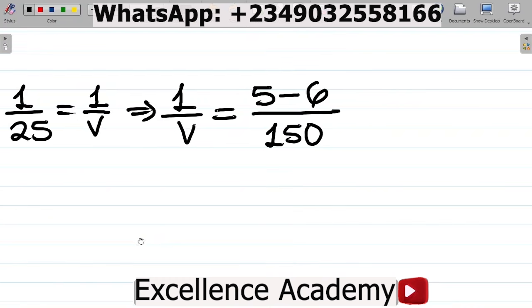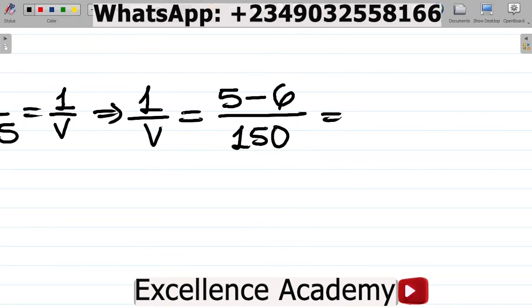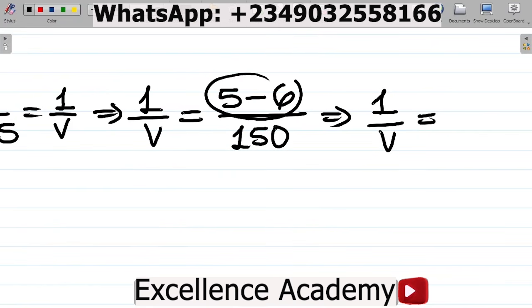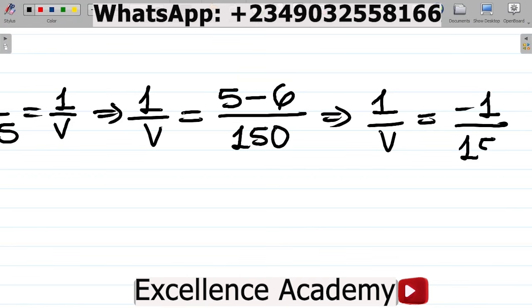Now solving this further, what you have here is 1 over v. So 1 all over v is equal to 5 minus 6. 5 minus 6 is minus 1 all over 150. Right, now to solve this, take v to the numerator, take 1 down. That's invert them, so it becomes v over 1.